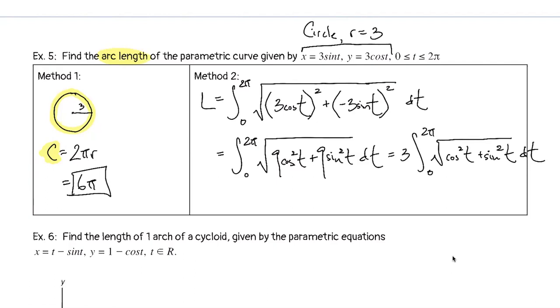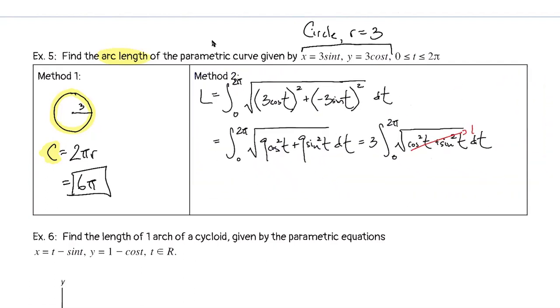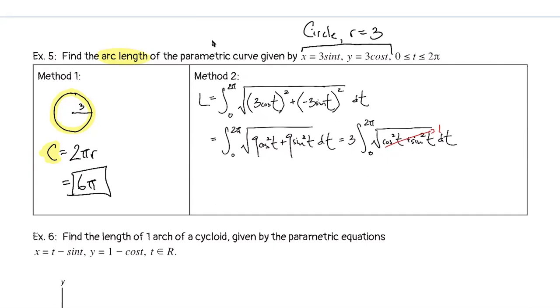And if we remember our Pythagorean identities, another way to say cosine squared t plus sine squared t is 1. Okay, very handy substitution. So really, what we have is 3, the integral from 0 to 2 pi of 1 dt.